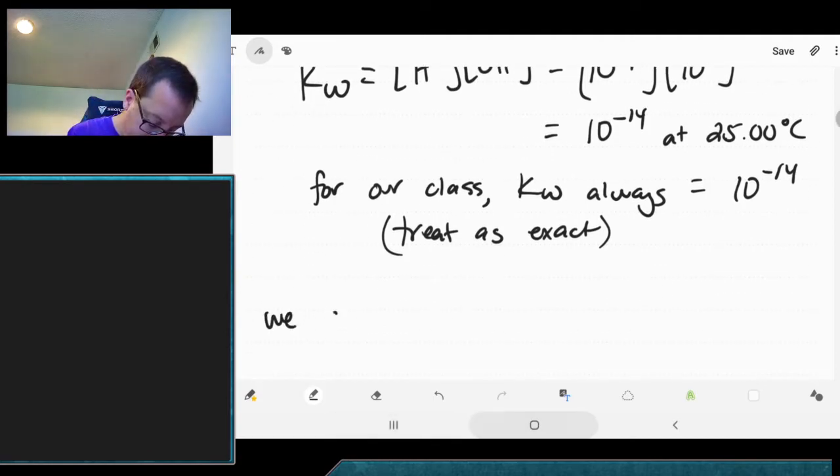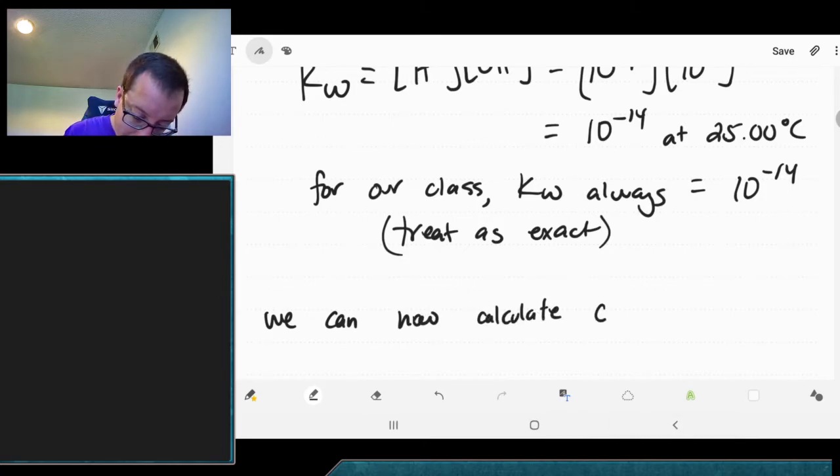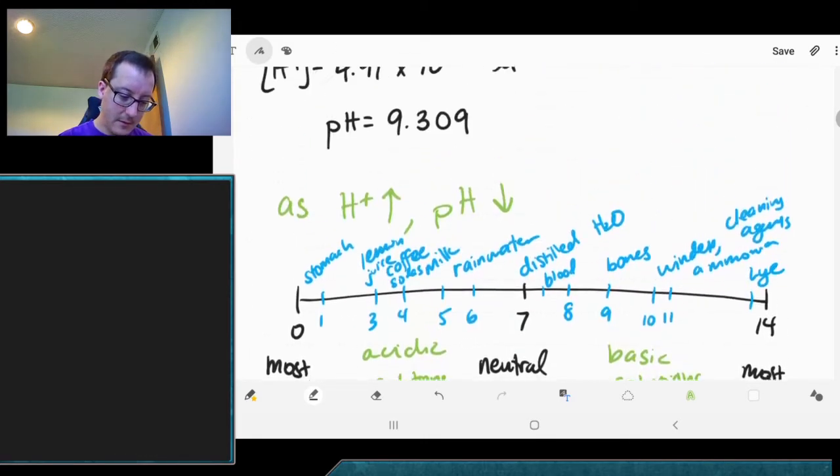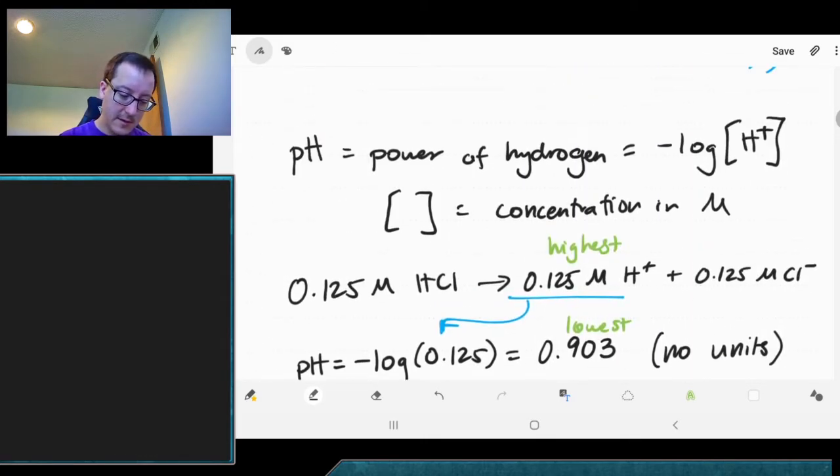All right, so if we take a look at some of those things we did before, we can now calculate in solution. For example, we had this 0.125 molar HCl.